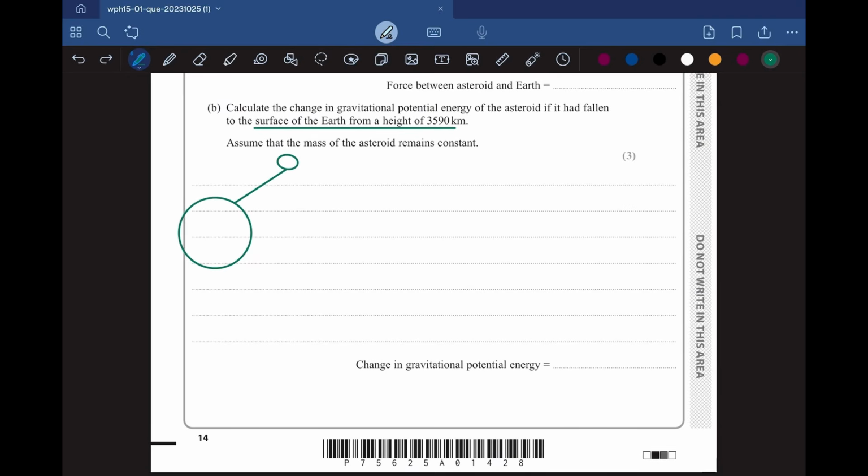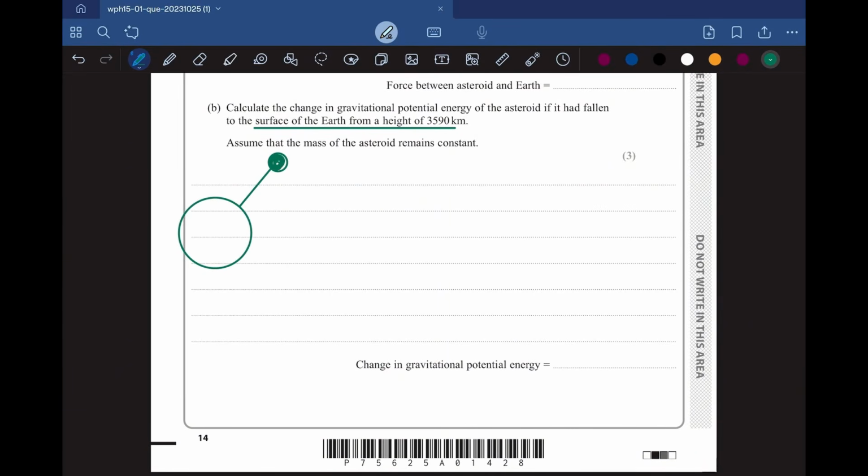Here the distance is 3590, and here from the center, I have drawn this line a little bit angularly. Give me a little bit of time, guys. So basically this is the distance from the surface of the earth to the asteroid, right?